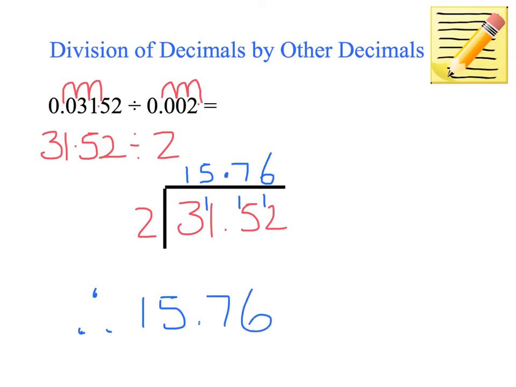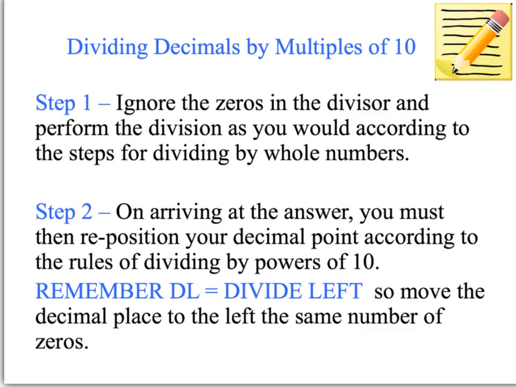Alright, there's one other thing that we need to know when we're working on dividing by decimals. We're also going to divide decimals by multiples of 10. Now we've had a little go at this when we were doing multiplication, so you know a little bit about this already, but this is going to be dividing instead of multiplying. So step 1 is to ignore the zeros in the divisor and perform the division as you would according to the steps for dividing by whole numbers, which was the very first thing we did in this video.